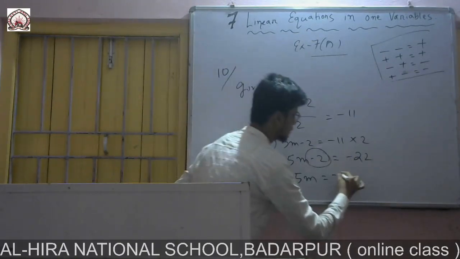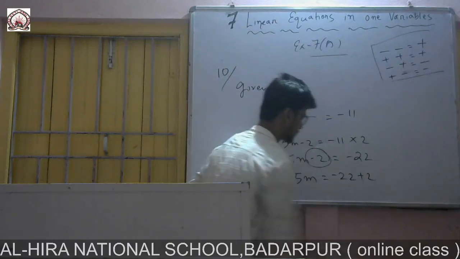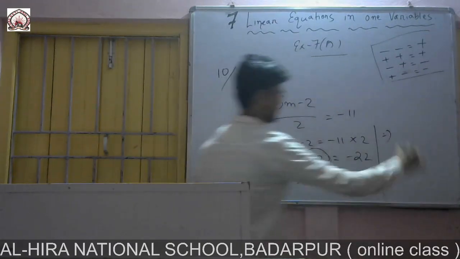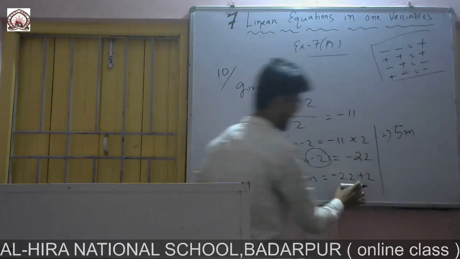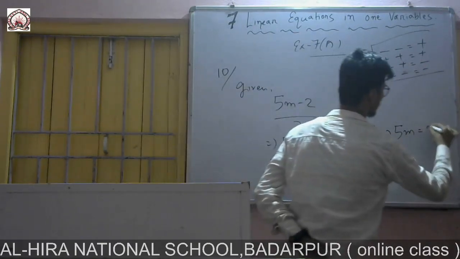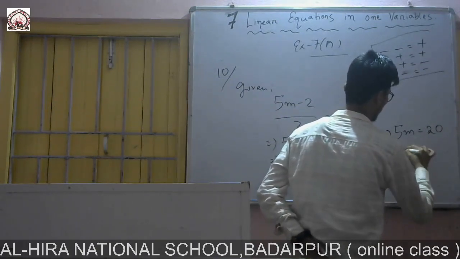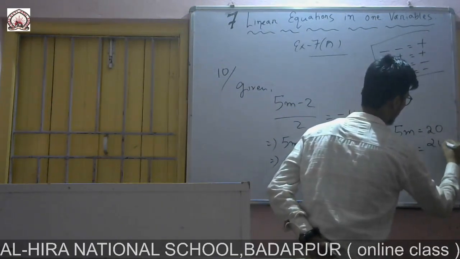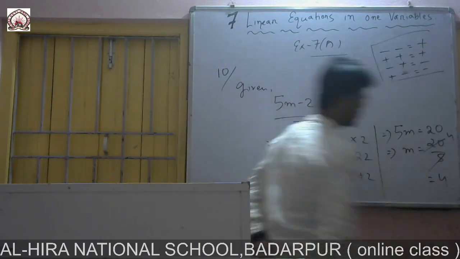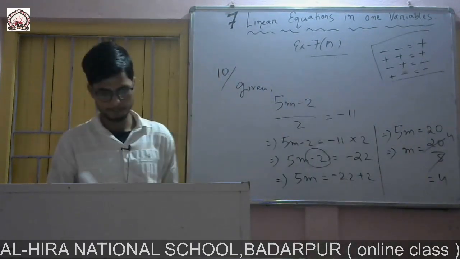If I change the side, it will be plus 2. Okay. 5m equals to minus plus, it is minus. 22 minus 2 is 20. So m will be equals to 20 by 5, and we know 5 4s are 20. So the value of m is 4.